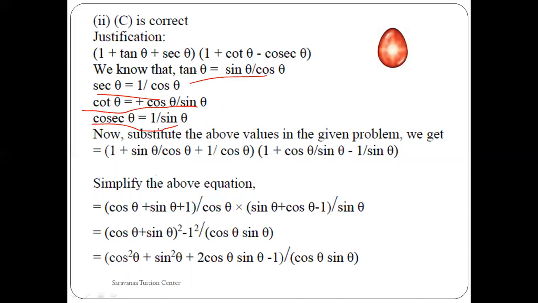Now, substitute the above values in the given problem. We get, instead of tan theta, sin theta by cos theta. Instead of secant theta, 1 by cos theta. Instead of cot theta, cos theta by sin theta. Instead of cosecant theta, 1 by sin theta. Take the cos as common.